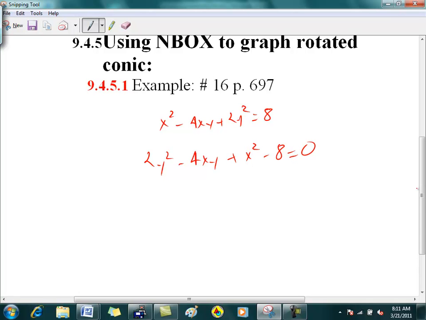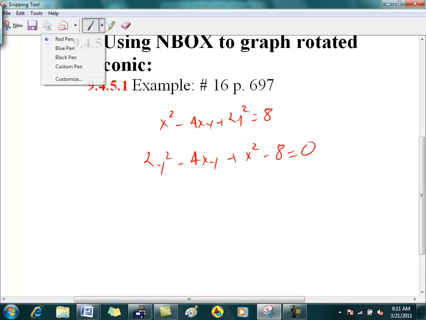In other words, you want to isolate the y variable. If you're going to graph, what are you going to put? You're going to put y1 equals some stuff of x. Exactly. y1 equals some stuff of x.